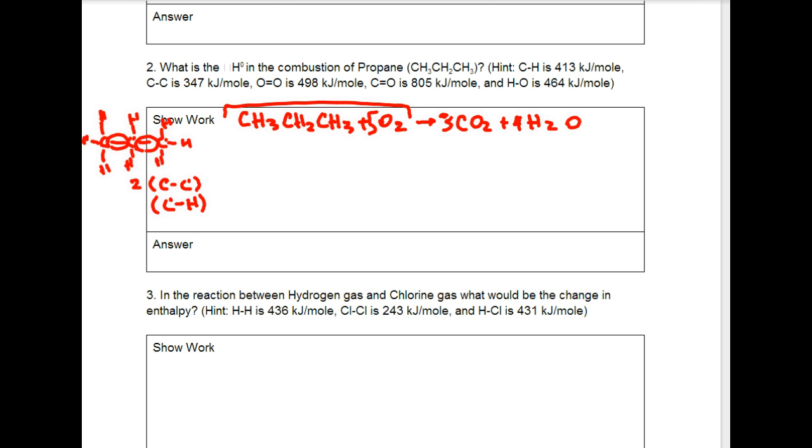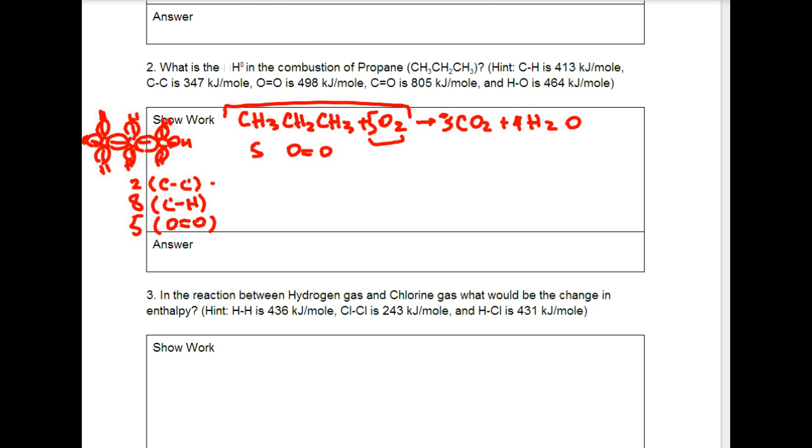So in this case, 1, 2, 3, 4, 5, 6, 7, 8. So that's what's being broken. And we also have oxygen over here, and we know that oxygen is that. So we have one bond of O to O, but there's 5 of these molecules, so that should be 5.